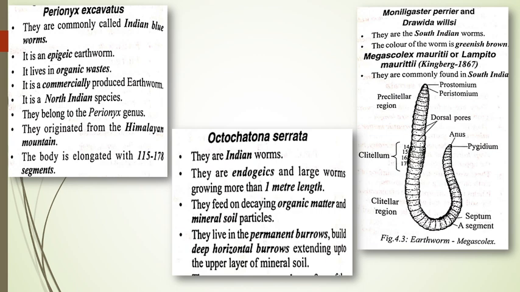In detail, Perionyx excavatus is commonly called the Indian blue worm because of its blue color. They are epigeic earthworms, which means they live in the upper layer of soil. They mainly act as decomposers and have useful importance in vermicomposting. It lives in organic waste and decomposes it.